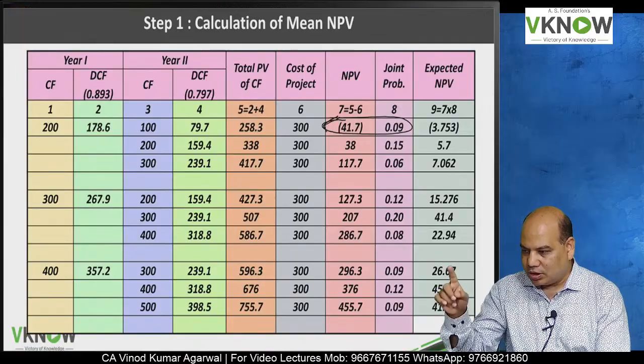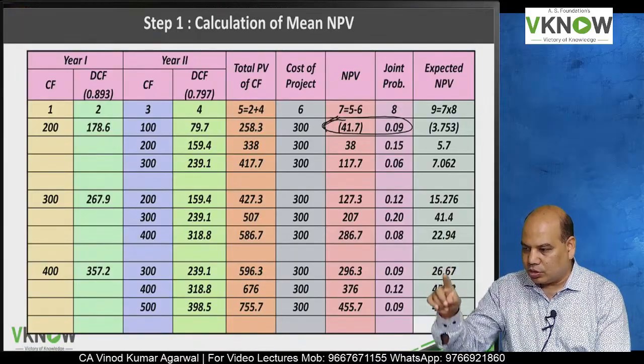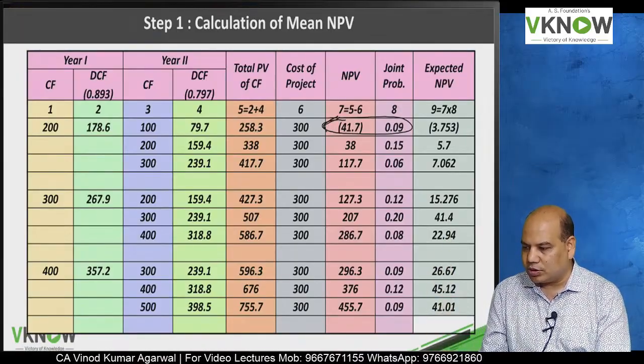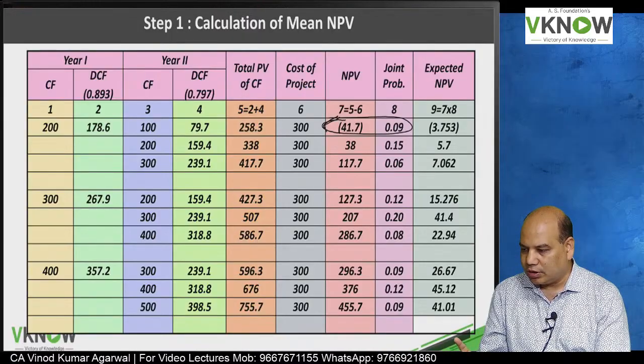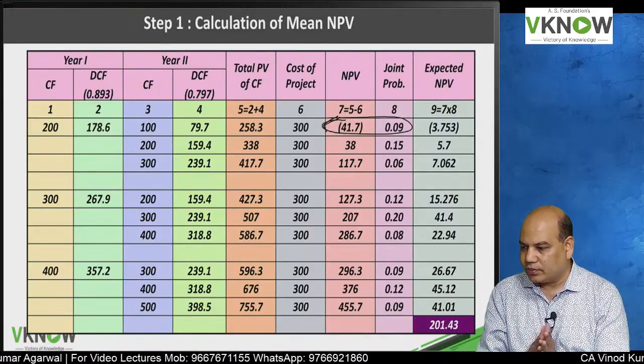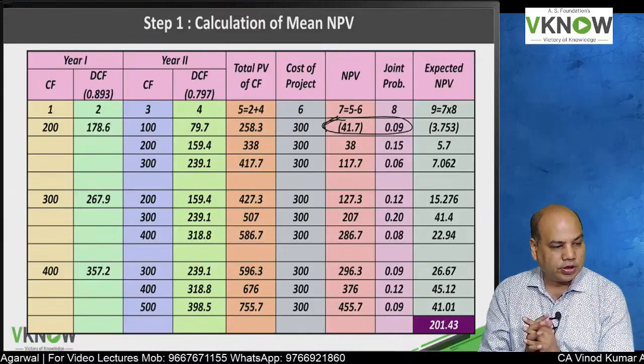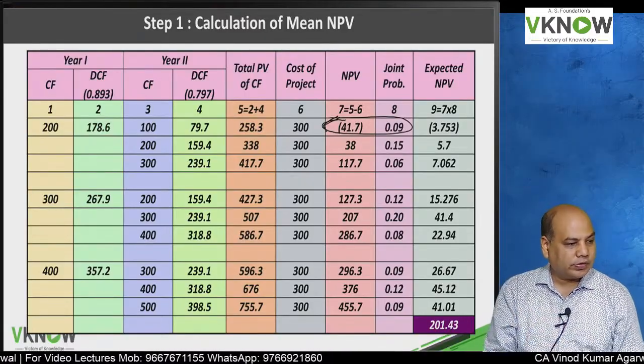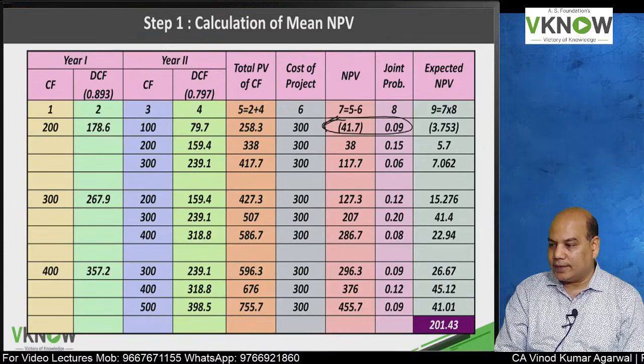Just check and take the total of all these numbers from top to bottom and write here. Write the total here. 201.43. Check the answer. 201.43.